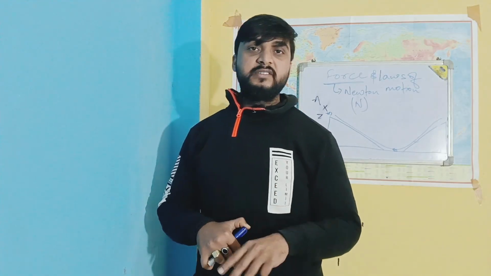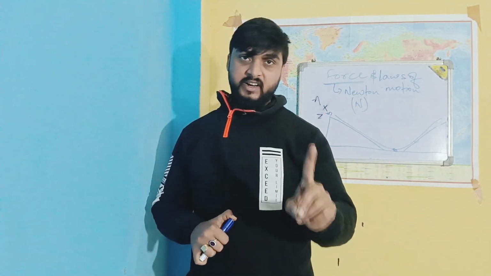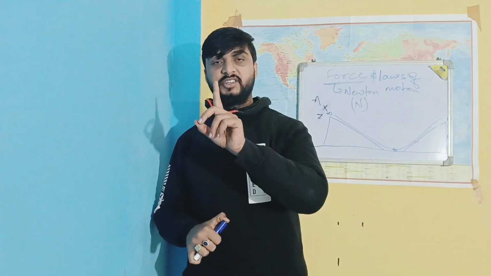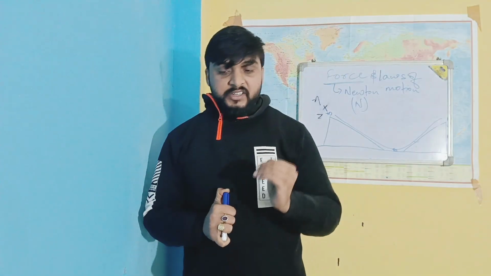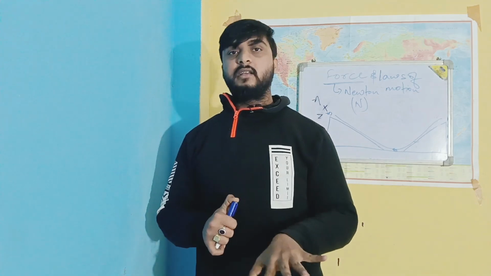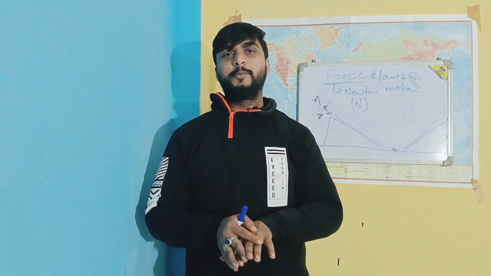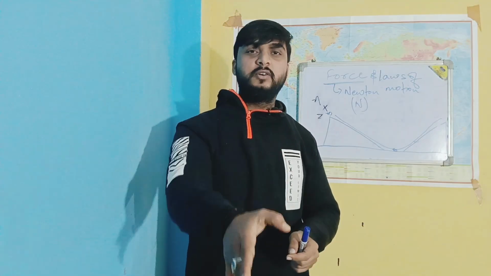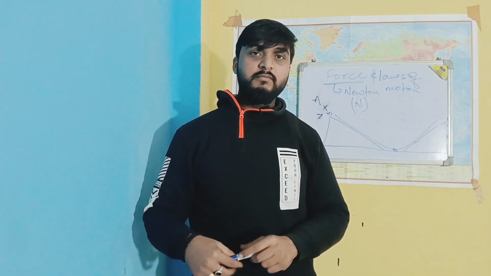And inertia is basically of three types. The first one is inertia at rest, the second one is inertia at motion, and the third one is inertia of direction. In inertia of rest, it is said that an object at rest tries to be at rest until and unless some external force is applied upon it, like your mother's slipper comes over your face to wake you up, to leave the bed.